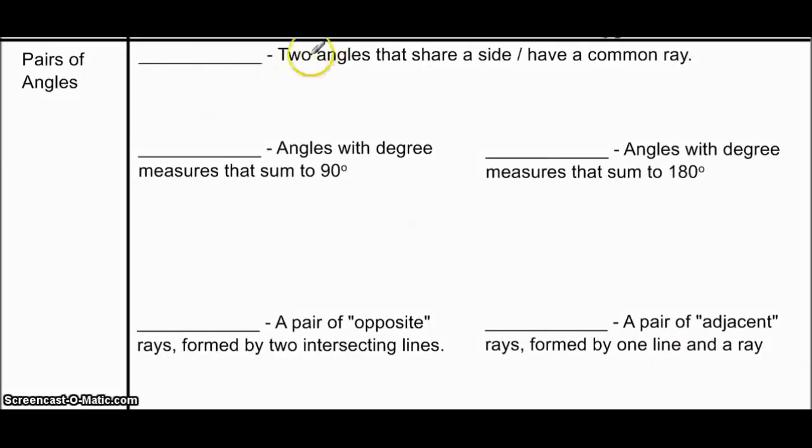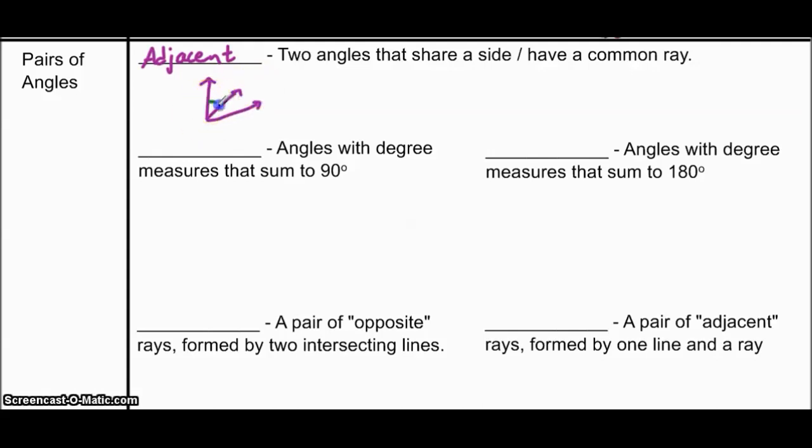All right, now that you've done that, let's go ahead and learn some vocabulary terms that you might not know yet. First up, 2 angles that share a side or have a common ray will be called adjacent angles. A-D-J-A-C-E-N-T, adjacent angles. So here is an example of adjacent angles.